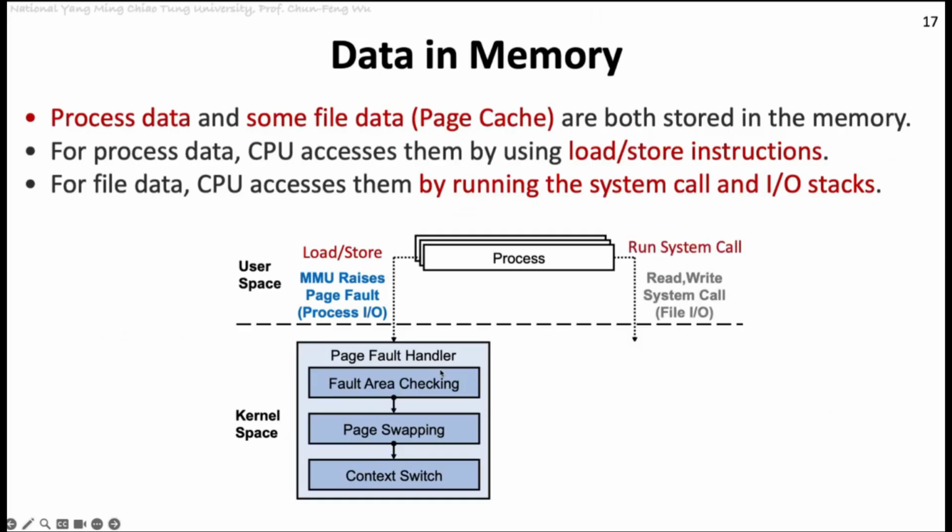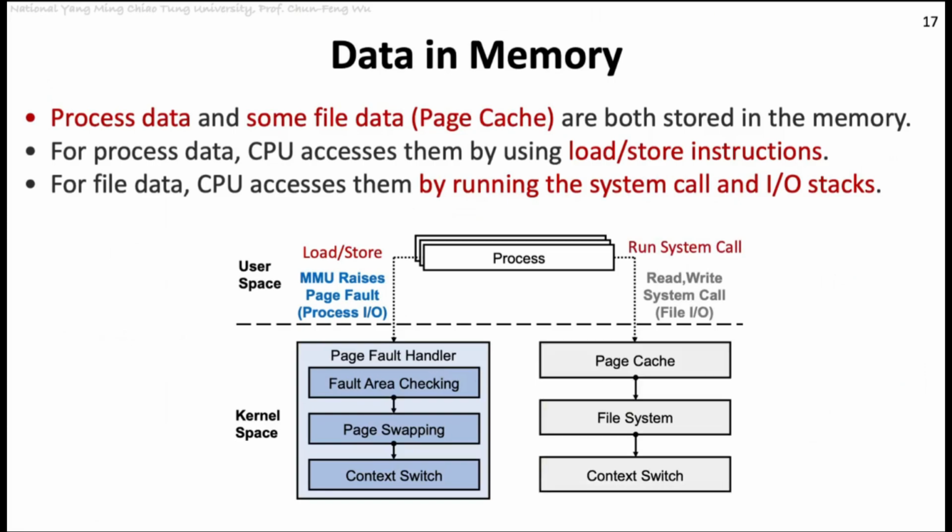There is another path, which is about system calls. When we are going to read a file, there is file I/O, and maybe in your C code you will write fread, right? So fread in the library will finally call the system call. With this system call, there is another path to deal with it.